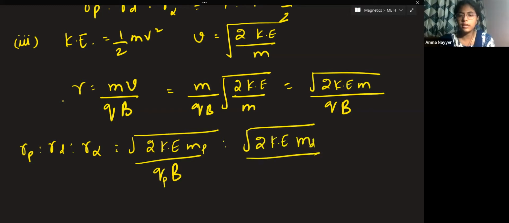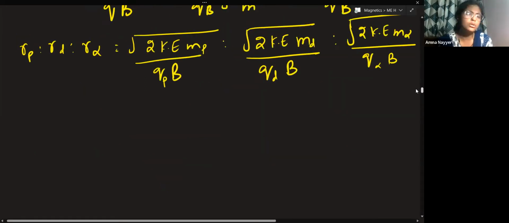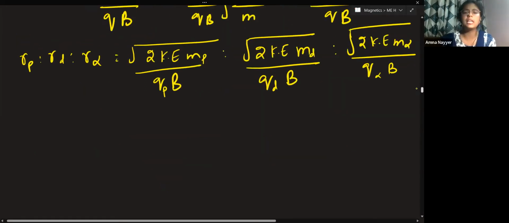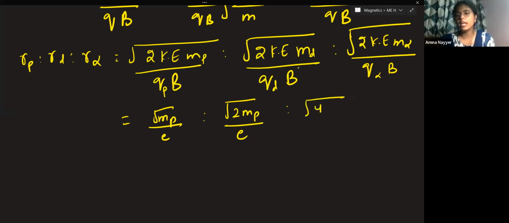Mass of deuteron divided by charge of deuteron into magnetic field is root 2 times the kinetic energy, mass of alpha particle divided by charge of alpha particle, magnetic field. So root 2 into root kinetic energy divided by magnetic field will get cancelled. You will be left with under root mp by e is to under root 2 mp by e is to under root 4 mp divided by 2e.